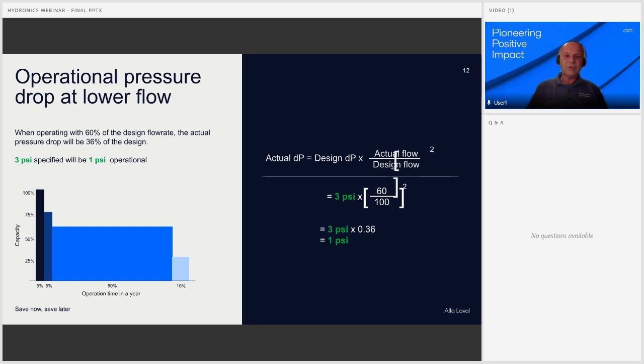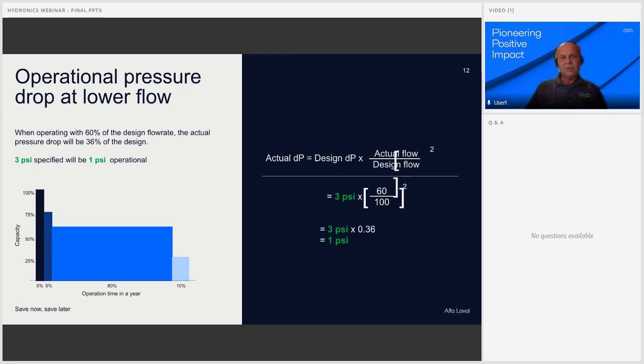Another important thing to consider is that we do not always need the full capacity in the heat exchanger. What we know from measurement installations in the field on a global base, and in close cooperation with pump manufacturers, is that in this example, 80% of the year, only 60% of the load and the flow is available.